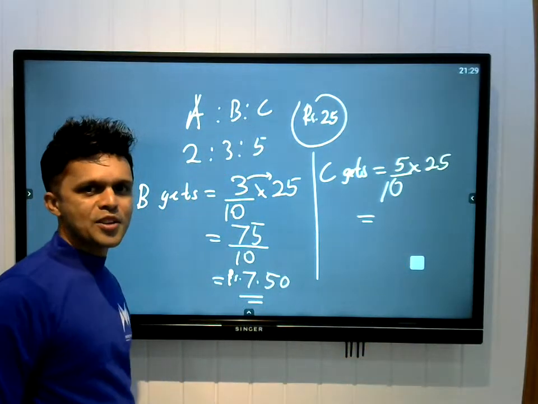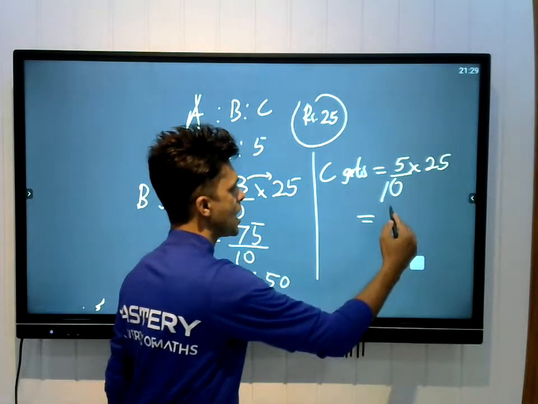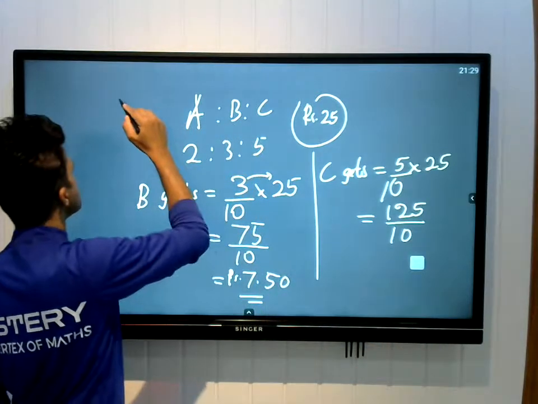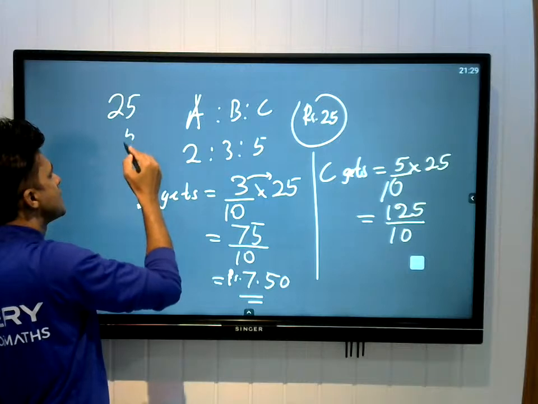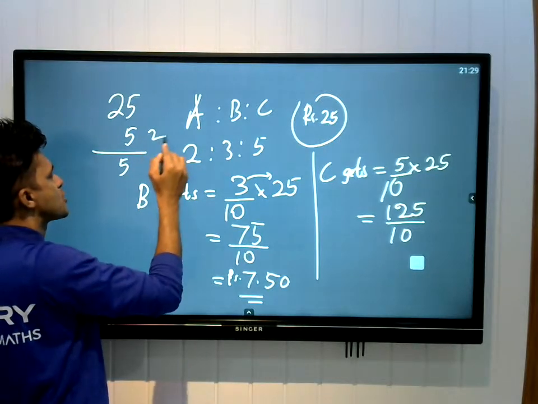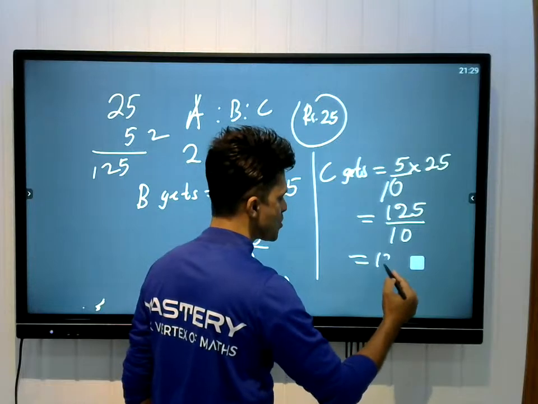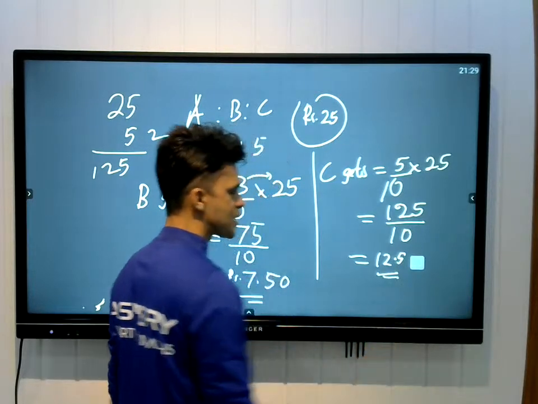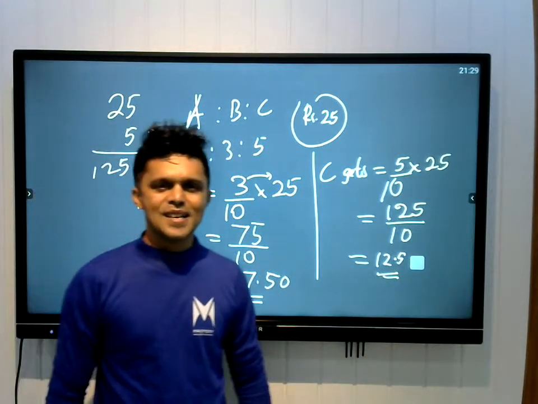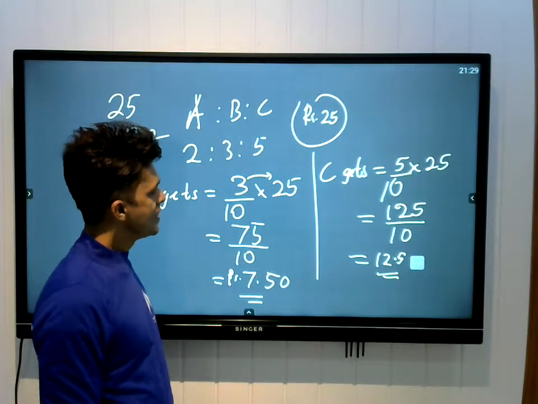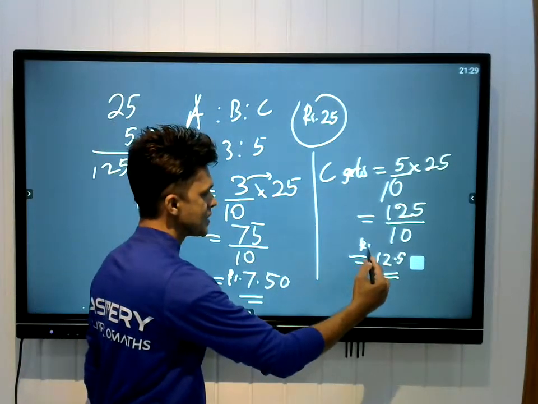Then 5 times 25 is 125. 5 times 25, remaining is 2, 5 times 10 plus 2, 12. 125 over 10, 12.5, which means 12 rupees and 50 cents. So, rupees, this is the answer.